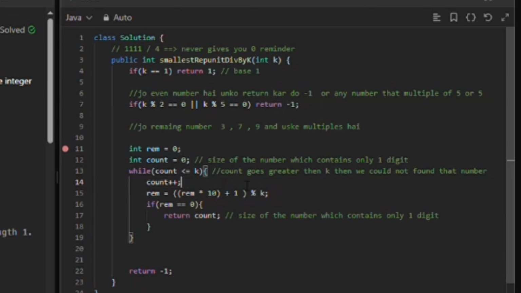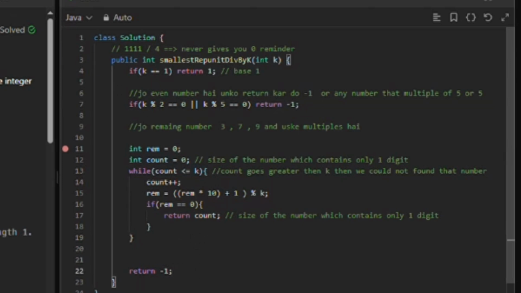If the count goes greater than k, the divisor, then we never find a number which contains the digit 1 and is divisible by k. So if the count goes greater than k, we return -1.